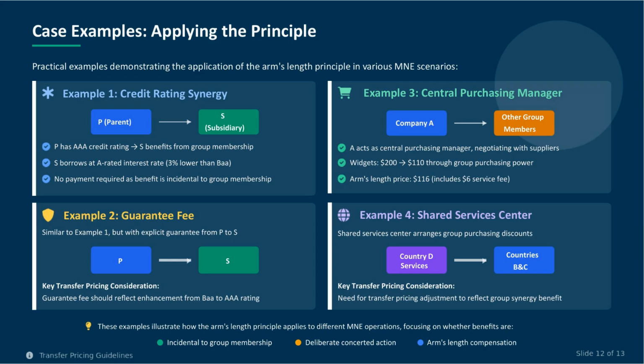However, if subsidiary S obtains a loan at an AAA-rated interest rate due to an explicit guarantee by parent P, then there should be an arm's length guarantee fee paid by S to P. In another case, a central purchasing manager negotiates group discounts, reducing widget costs from $200 to $110. It would then warrant an arm's length compensation of, say, $116, which would include a service fee. These examples highlight that if there is explicit benefit, combined with deliberate and concerted effort, such a transaction should be compensated at an arm's length price.